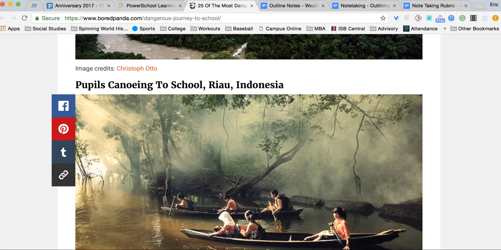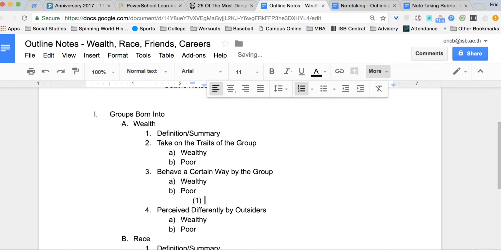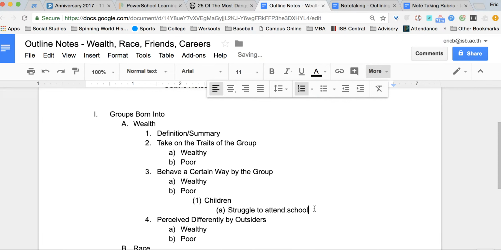Okay, so now there's what is in the document, what I see, and then what I can also imply. So I can see behave a certain way by the group. I can see that these poor children, the way they behave is that they have to struggle to attend school. Okay, I'm actually going to do a category called children. Children struggle to attend school.